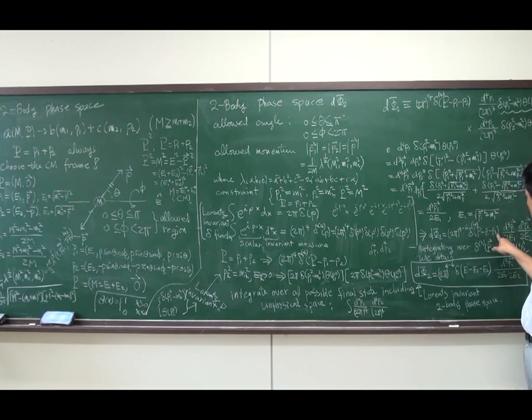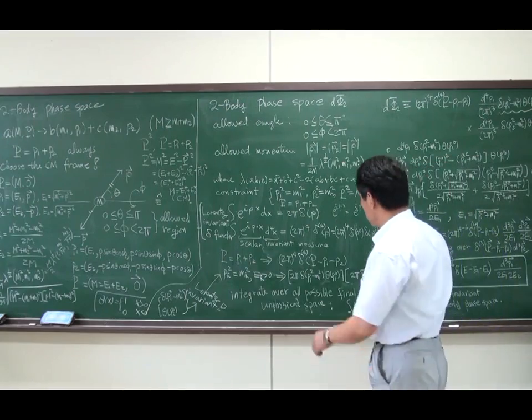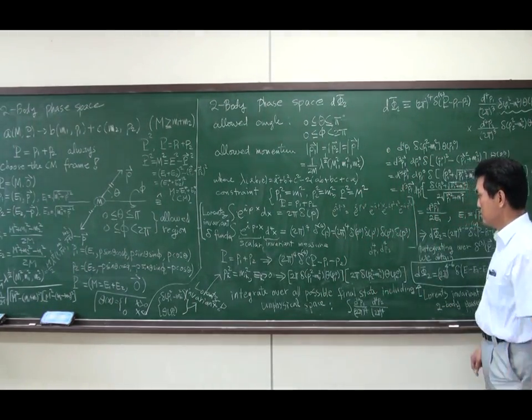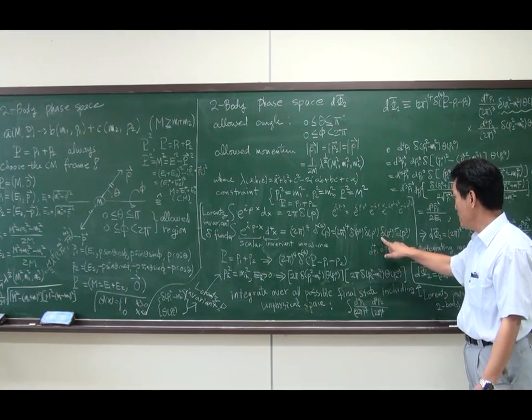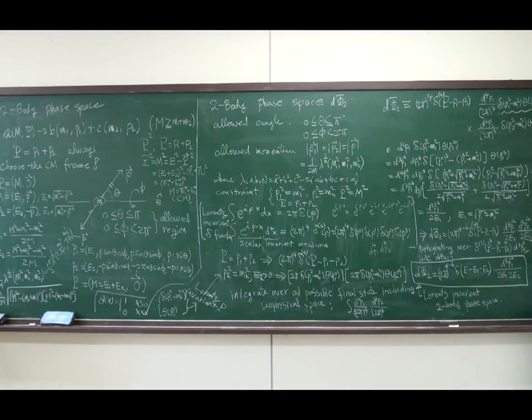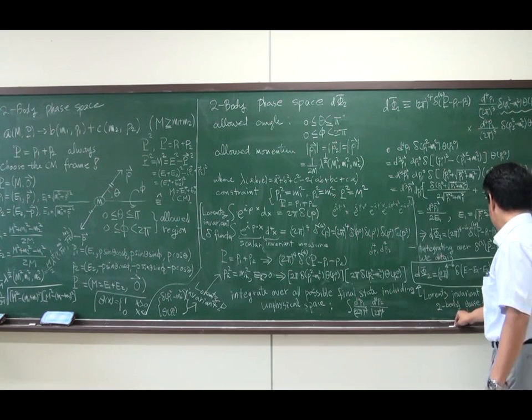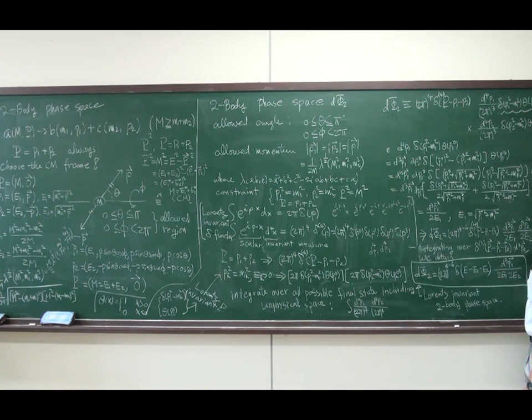If you look at this delta function, it is composed of 4 components: the zeroth component, the energy, and the 3-dimensional momentum. But there is a P2 here. This P2 can be integrated out by using the 3-dimensional delta function. After you integrate, you find that P2 is capital P subtracted by P1. You can obtain this kind of constraint by integrating over this delta function.